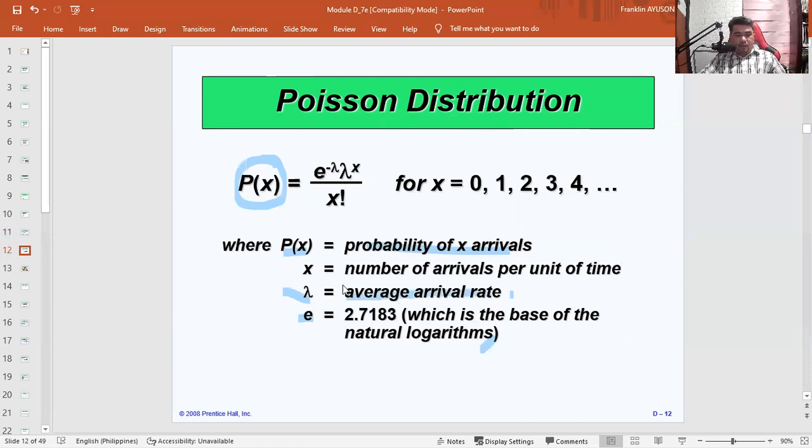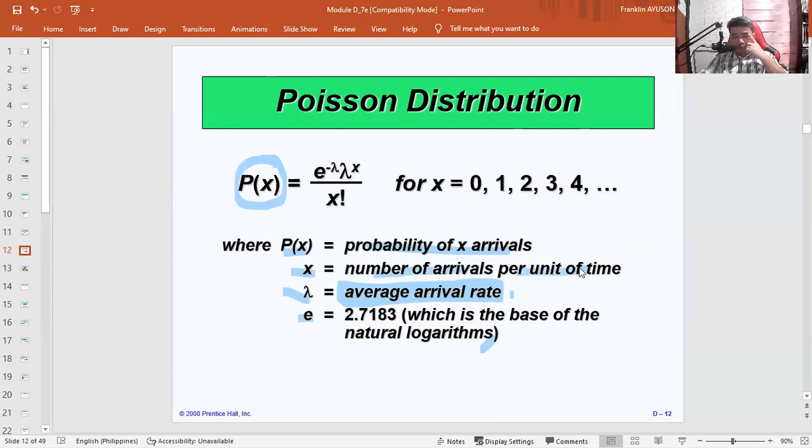Talking about the average arrival rate, meaning to say if you have certain averages, also based on our discussion of inventory management, probably you have data, or historical data, of number of arrival, both most recent and past data, and of course the X is the number of arrival per unit.